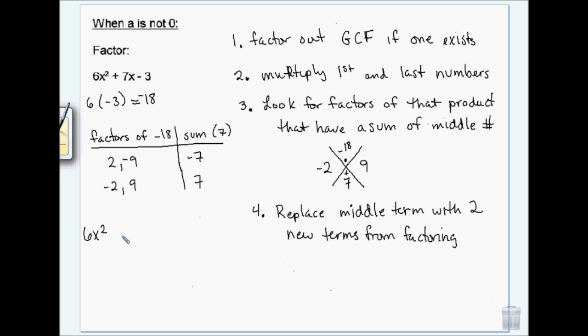So now I have 6x squared minus 2x plus 9x minus 3. Okay? And what I want to do is arrange these two numbers so that the first two terms will have a factor I can take out of them, and then the second two terms will have a factor that I can take out of them. So I wouldn't want to put the 2 with the 3 because there's not anything really to take out of those two together, so I'm going to put the 9 with the 3.